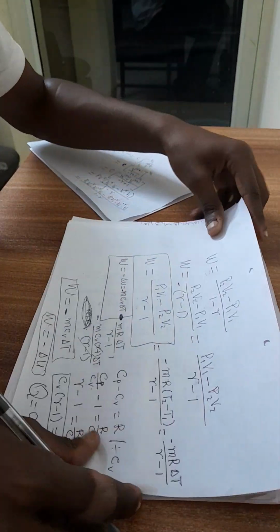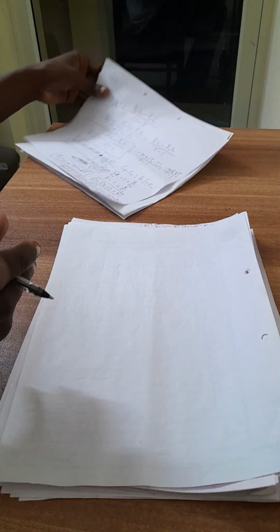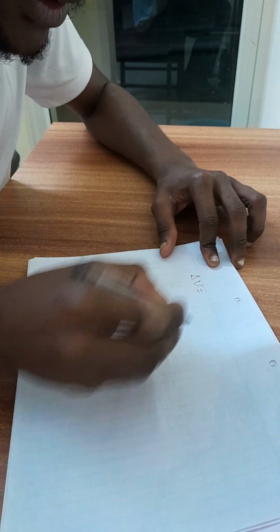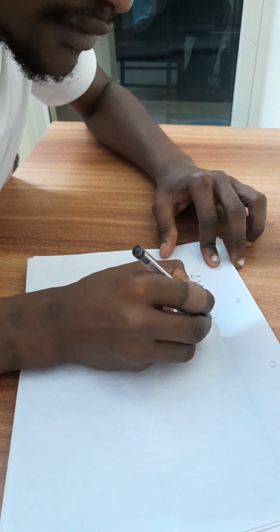Now let us jump to another one. What is another task? What is after work done? What is internal energy? Delta U will be the same, m Cv delta T for this process.